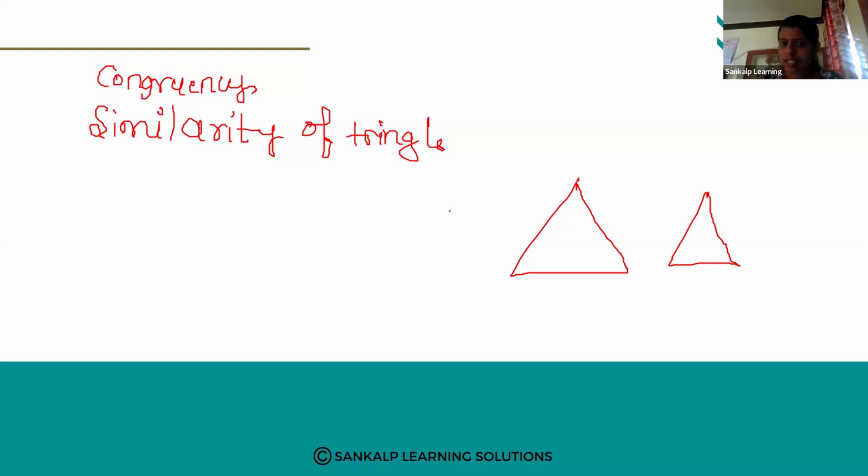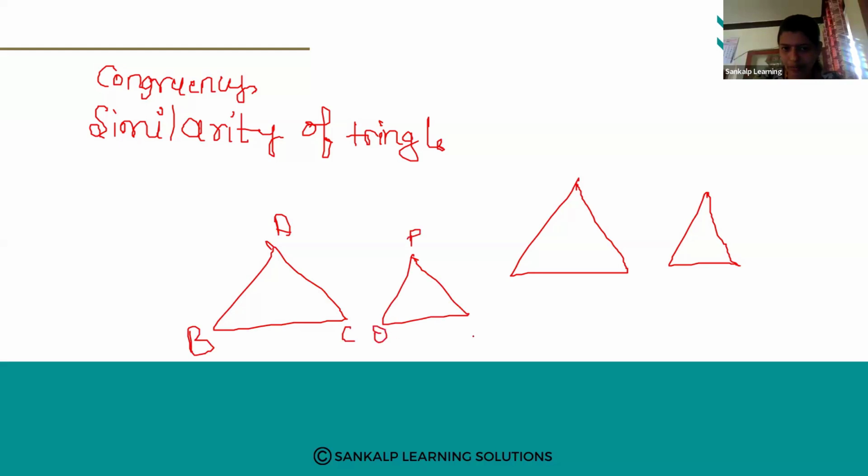If one triangle is like this and the other triangle is like this, one triangle is ABC and the other triangle is PQR. So looking at this, one triangle is big, one triangle is small. Then you can say that these two triangles are similar, right?